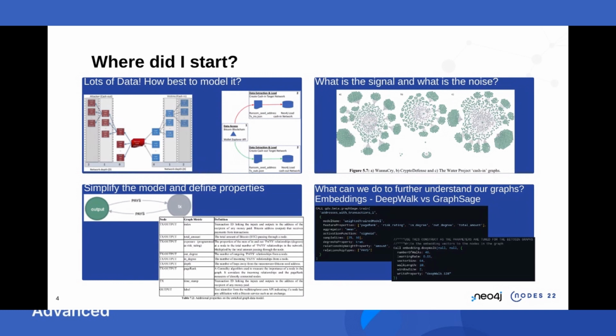So where do I start, right? Well, if anyone's familiar with the cryptocurrency ecosystem, you'll know that there's a lot of data. And the data that it forms is, in natural essence, a graph. Modeling this, I was helped greatly through the use of Neo4j.